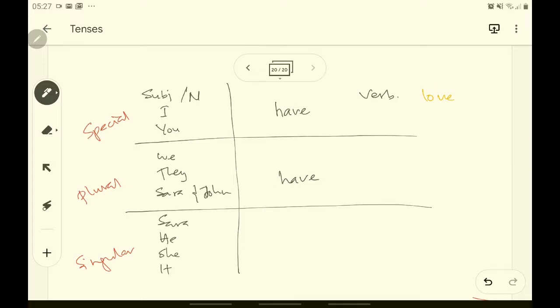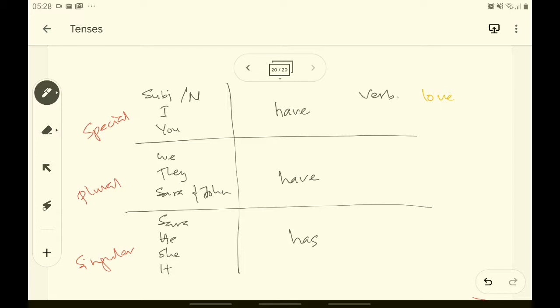Similar here, have. For singular, you have to put has. If we look back at past perfect, you add had instead of have. So had is actually the past form of have. When you say had, it means that you no longer have that thing. But if you say have, you still have that thing with you.